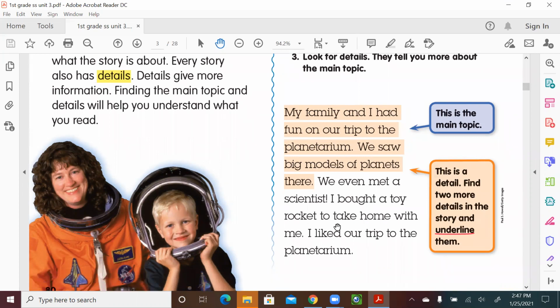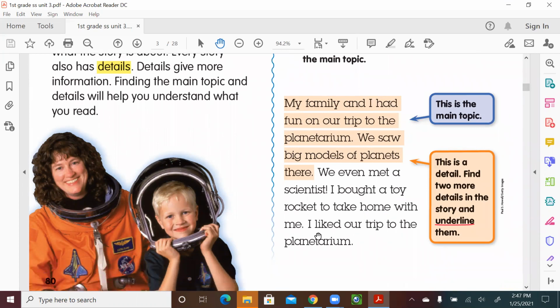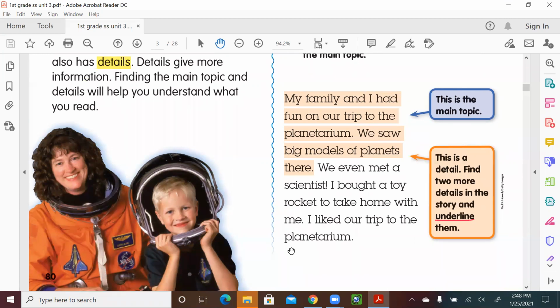I bought a toy rocket to take home with me. I liked our trip to the planetarium. Okay, so a planetarium is a building that has images of stars and planets. They're usually projected, so you can see the surface, and it has a dome for people, as entertainment, and it's also education, and it's really fun.